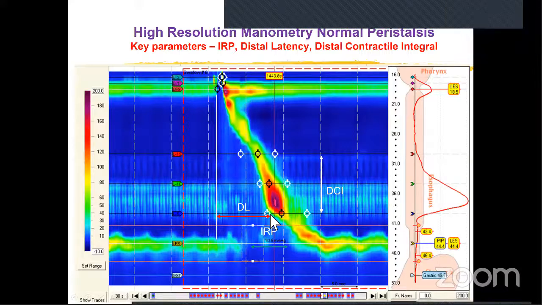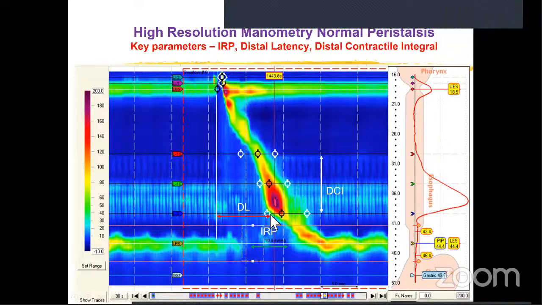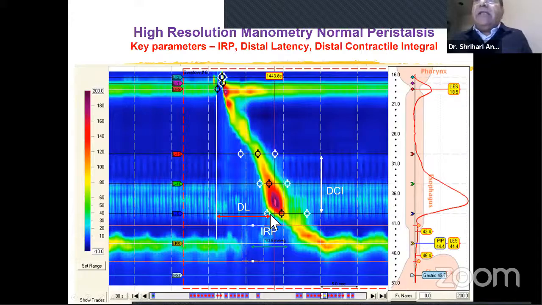We seem to have lost you, Professor Mittal. We cannot hear you. Dr. Rajesh, Dr. Manish, if you permit, can we come back to him and start with Shri Hari, and then come back once the issues are sorted out? Sure, sir, we can do that. But he's continuing to share the screen. Somebody from technical, the host, can you help? Can you hear me? I've logged back in. Yes, we can hear you, sir.